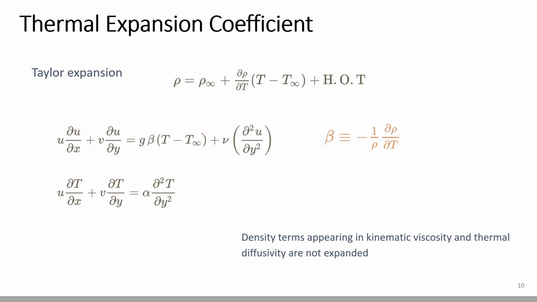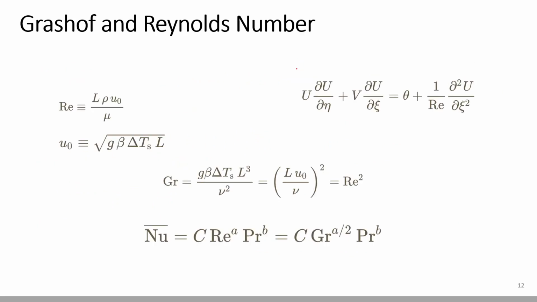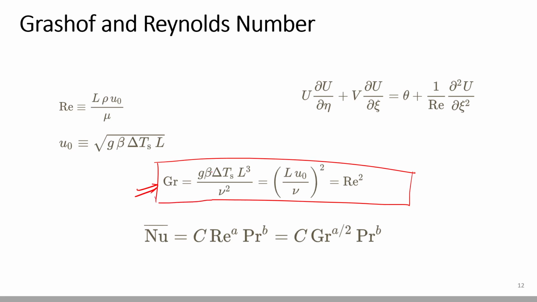While deriving those, we come across an important factor that you can call the expansion factor or compressibility factor, which is basically -(1/ρ)(∂ρ/∂T). And if you write it in dimensionless form, we obtain the dimensionless number, that is the Grashof number.